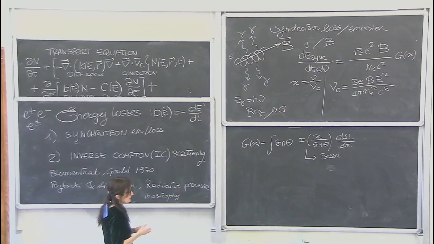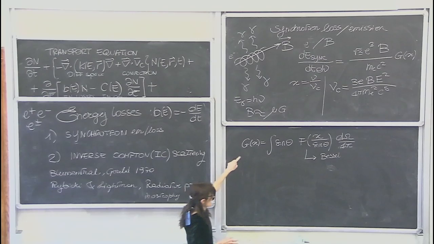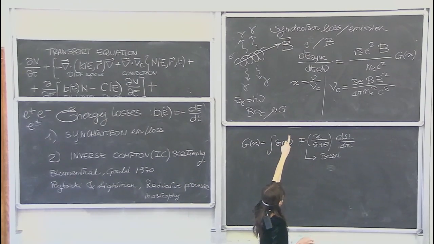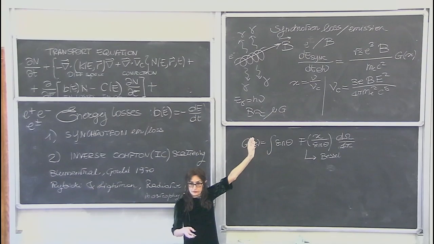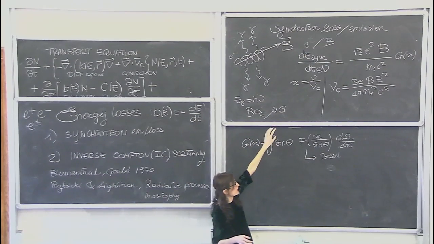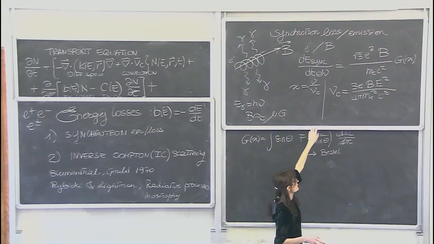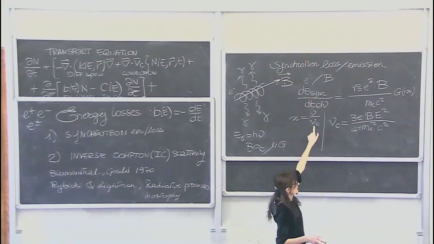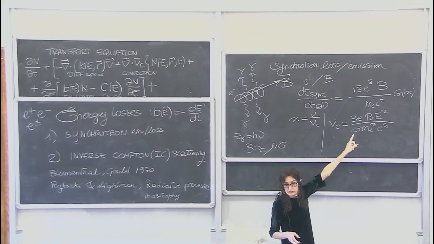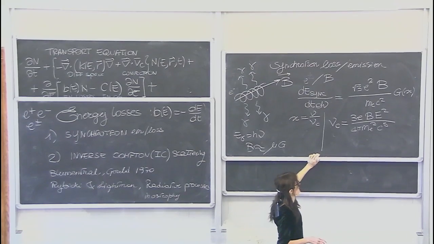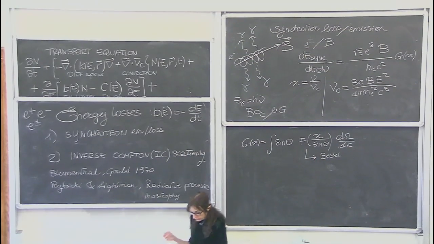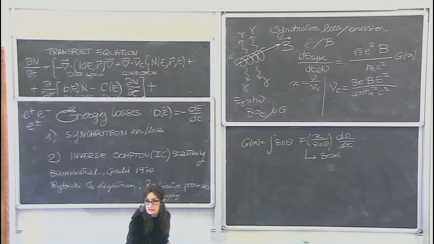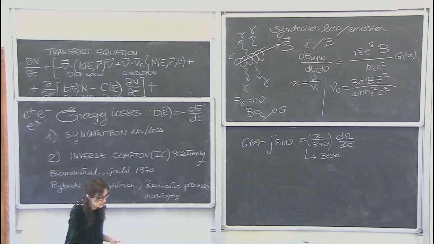This function depends on x, so it's a function of frequency. You see here, x is the frequency divided by the magnetic field, so it is connected to the energy of the charged particle which spirals around the magnetic field.